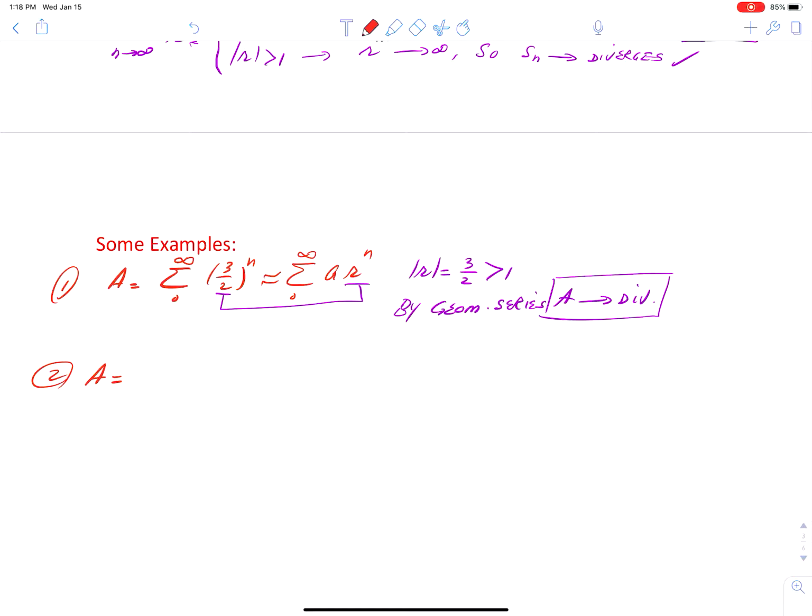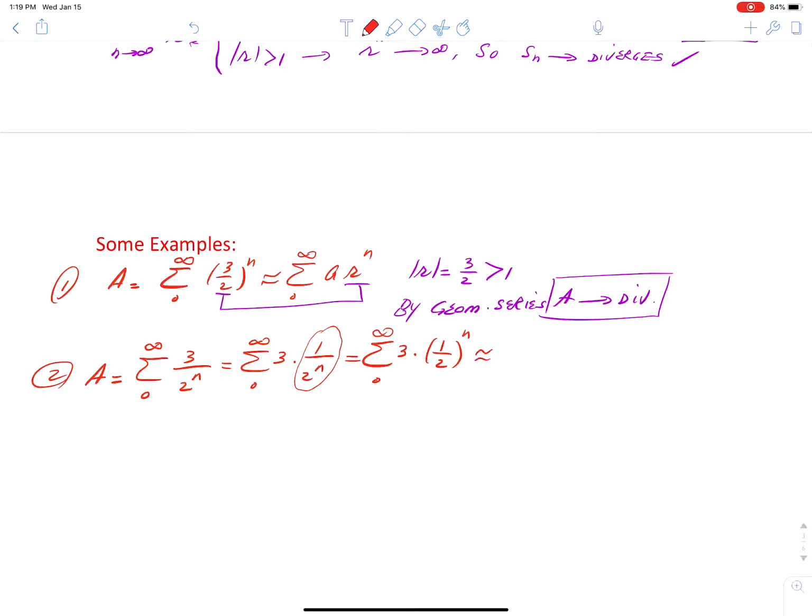Let's say we have, again, starting from 0, the sum of 3 divided by 2 to the n. So in this case, I can maybe rewrite this just to make it easier to see. 3 times 1 over 2 to the n, which is the same as 3 times, as we've done before, from Math 126 or 96, we have recognized that we could write it as 1/2 raised to the power n.